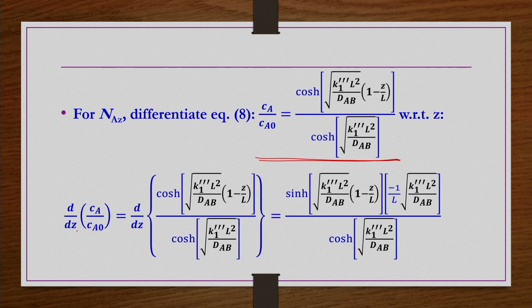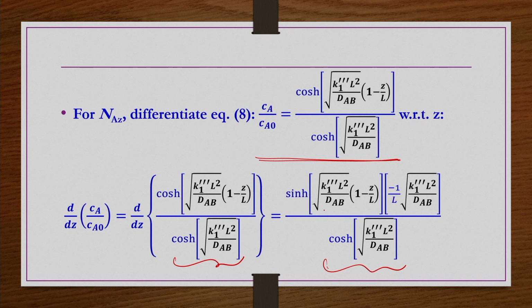So, d by dz of Ca by Ca naught is 1 by Ca naught times dCa by dz, and then d by dz of this entire thing. The denominator is anyway constant, so it stays as it is, and d by dx of cos hyperbolic x is nothing but sin hyperbolic of x.